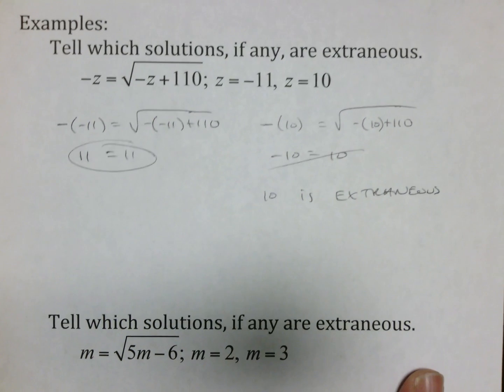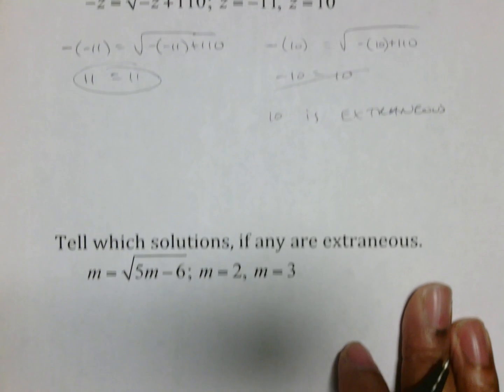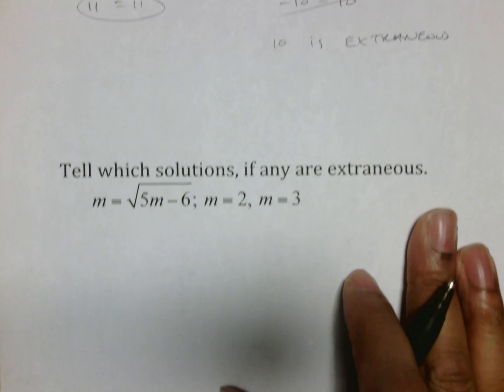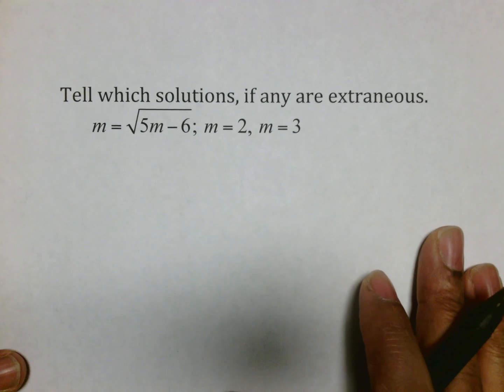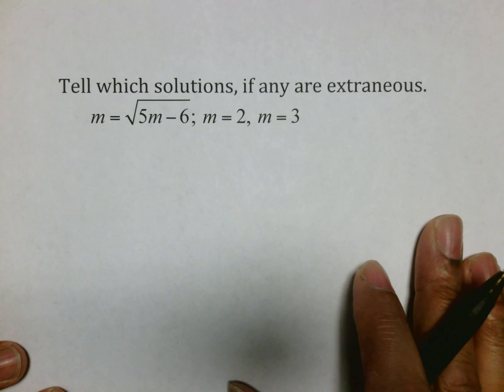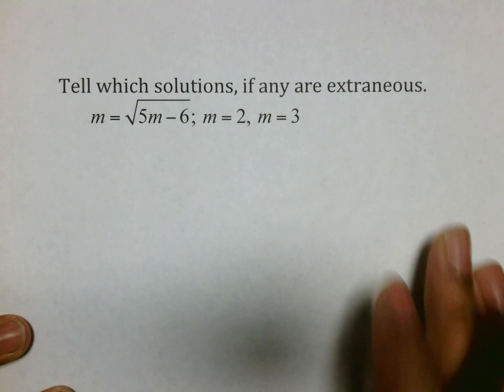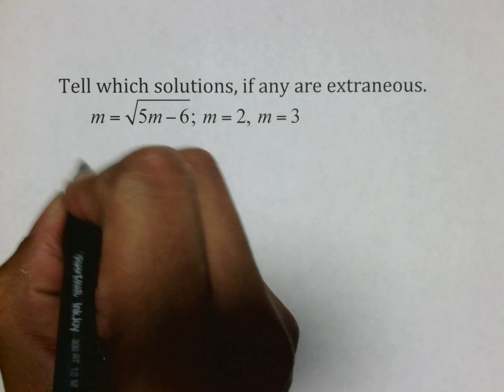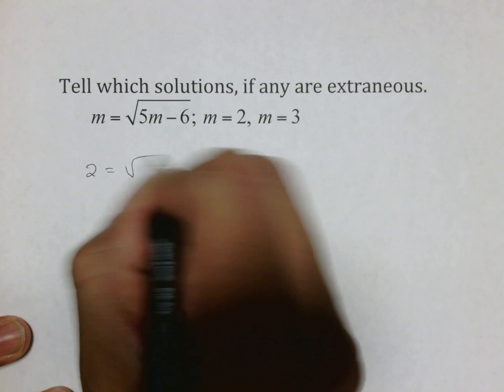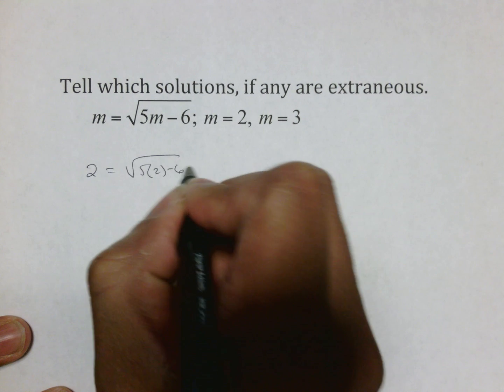Alright? So again, if you're asked to find out which one's extraneous, that is all it's asking you to do, is to pretty much plug it in and try to find out if anything doesn't work, because it doesn't always have to be like that. Tell which solutions, if any, are extraneous. Again, in this situation, they gave you a problem here. So what we do is we take our n, we plug it in, we put square root of 5 times 2 minus 6.